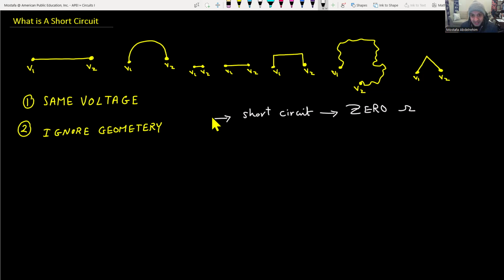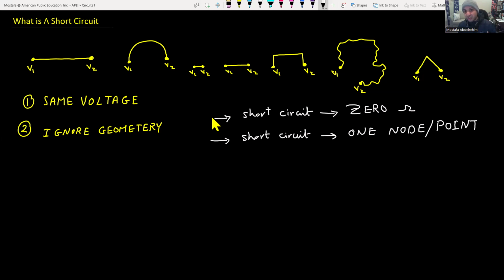Any short circuit is basically one point, one node. A short circuit is one node, or we can say point. So even if you see it as a wire, something long, it is basically one node.